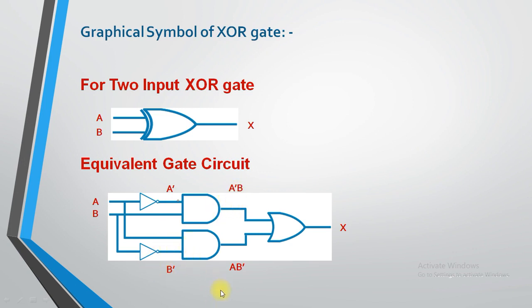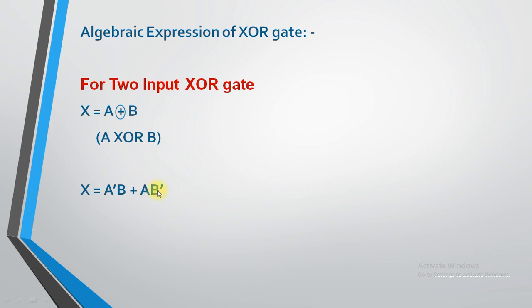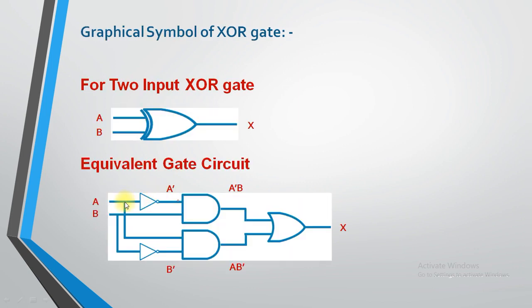Similarly, in the second one, AB dash, I need to pass. You can take the cable from this particular input also, the same cable. So A I need to take over here and pass it into the second gate, and B, but in the second expression I need to convert it into B dash.